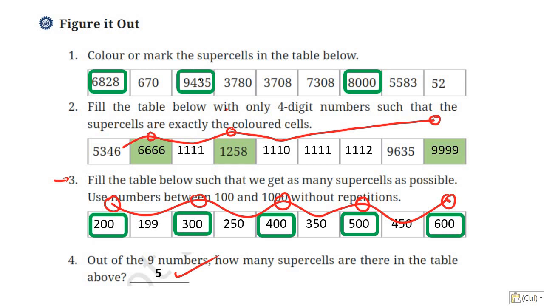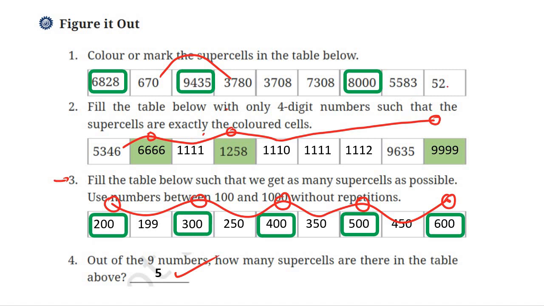Again, it was a supercell, because since the number is large, of course it will be larger compared to its nearest 2. Okay, see, like this. So since the number is already larger than its nearest number, it will be a supercell.